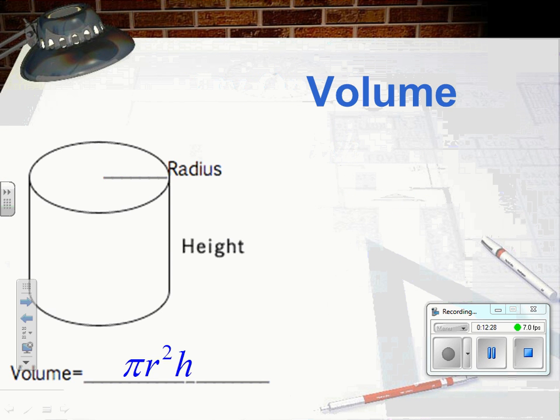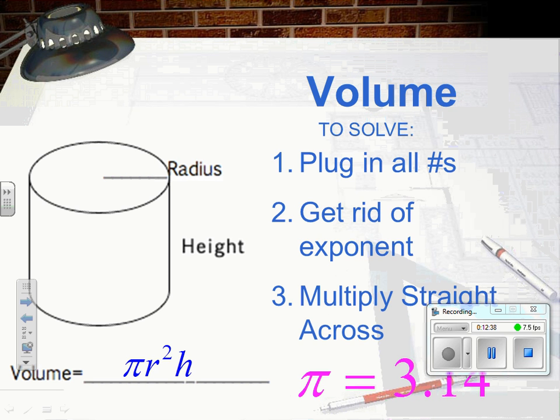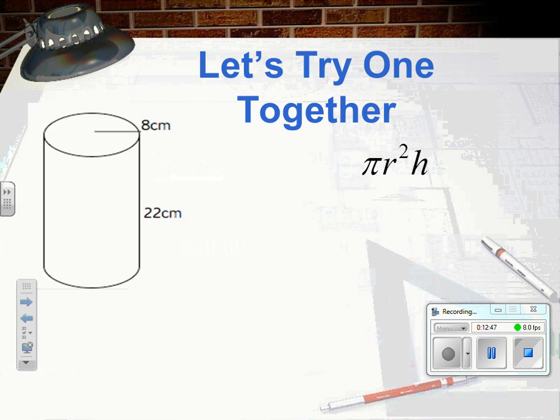Let's talk about volume of a cylinder. The formula for volume of a cylinder is pi r squared h. So in order to solve it, use 3.14 for pi, plug in the numbers. Of course, you have to square your radius, and then multiply going straight across. So here I have my radius of 8, my height of 22.